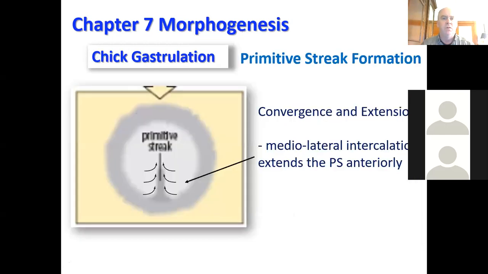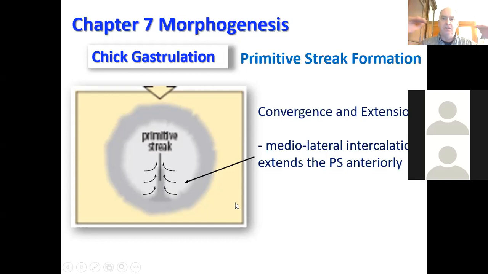That's pretty smart. Chick gastrulation also involves convergence and extension. So these ectodermal cells from the outside are converging on that primitive streak. You know, they're coming together, and then they're going in, and then lateral and anterior to that.